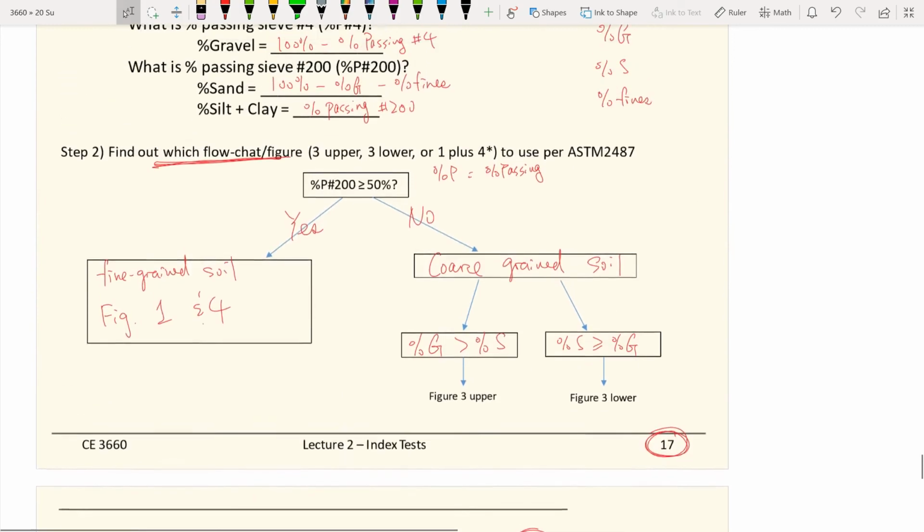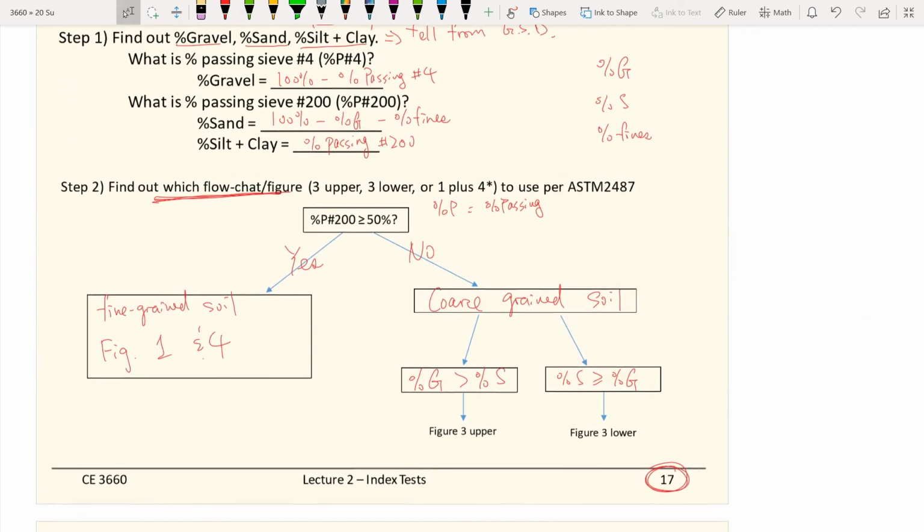And again, which flow chart to be used? We only have 8% passing number 200, so it's way less than 50%. So this is a coarse-grained material. We don't have any gravel at all, so we will use the sand flow chart, which is the lower one in figure 3.